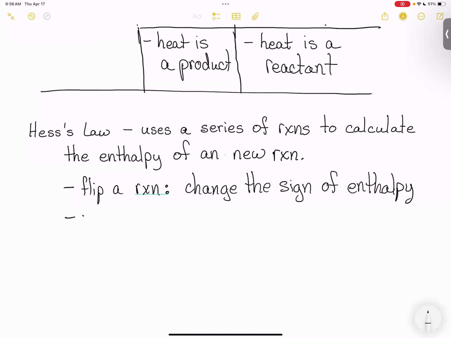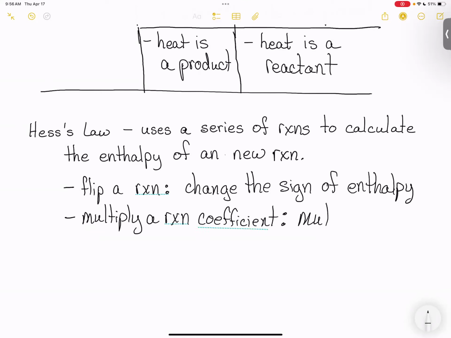If you multiply a reaction by a coefficient, then you multiply the enthalpy by the same coefficient.